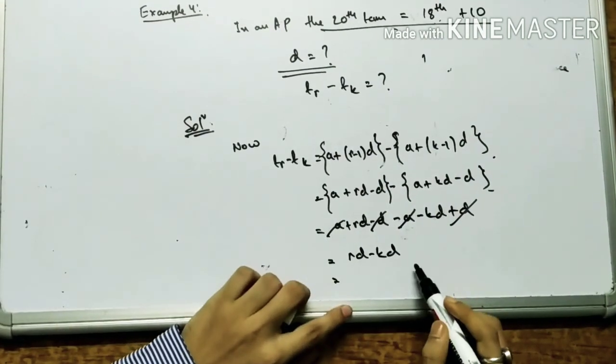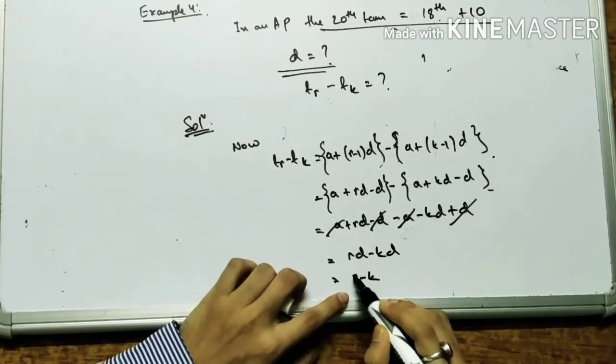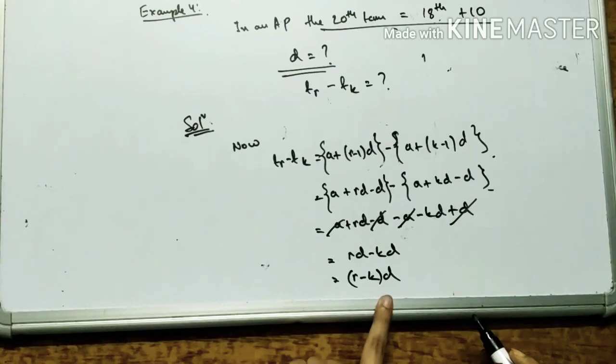Here D I can take common, so I will get D times R minus K.